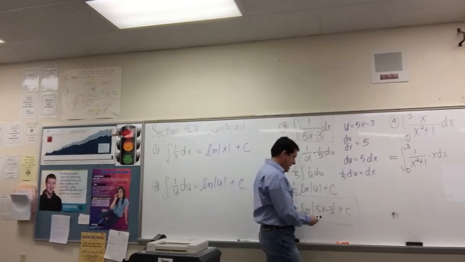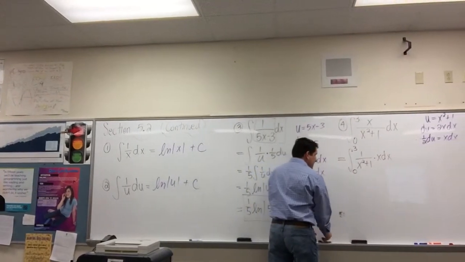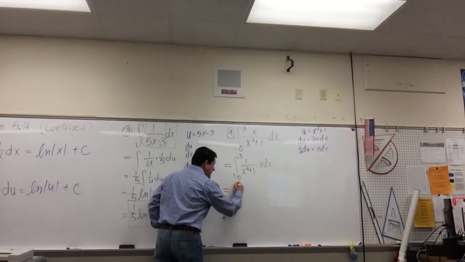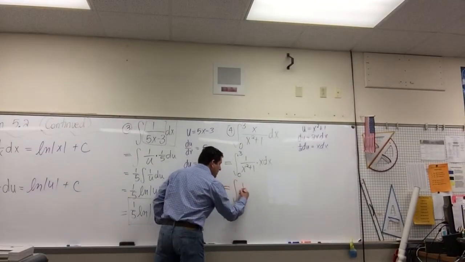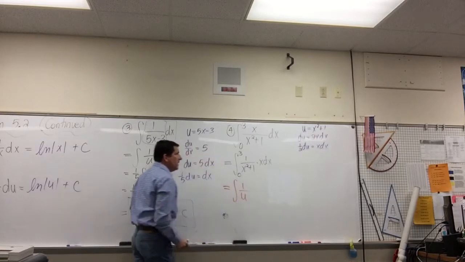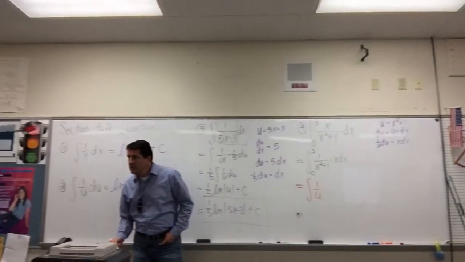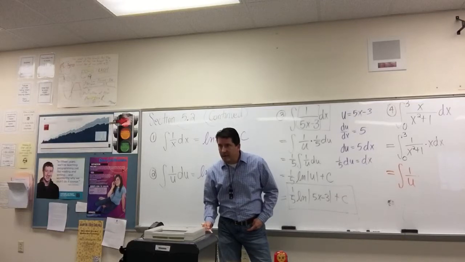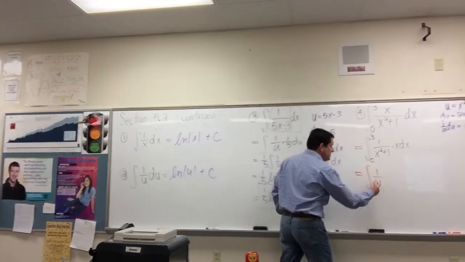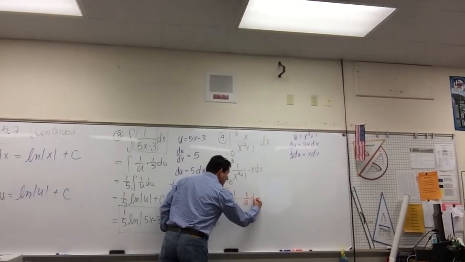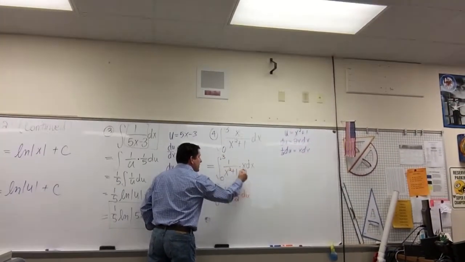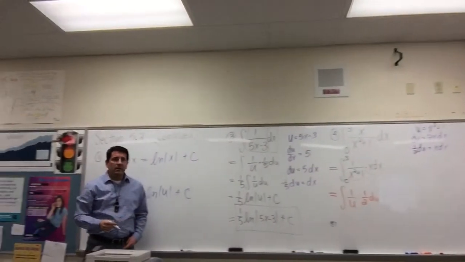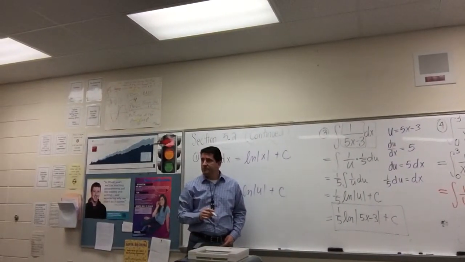So this means that this thing is the same as the integral of 1 over u times 1/2 du. You see that? This is just doing the substitution. We got this part and we got this part, and we're writing it as those two separate things.